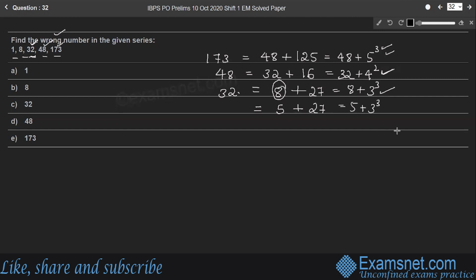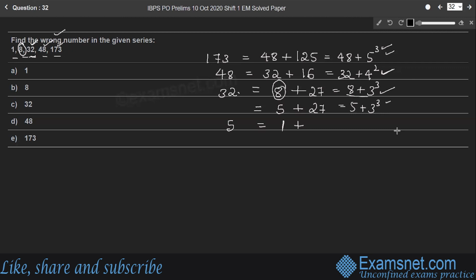The 5 cube, 4 square and 3 cube rule will be as it is. Only the number changes. Which number? The second number is the wrong number. You can verify the same rule considering the second number 5, which is obtained when its previous number 1 is added to something.